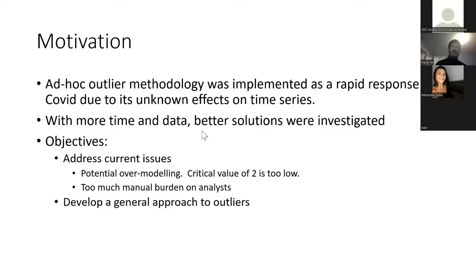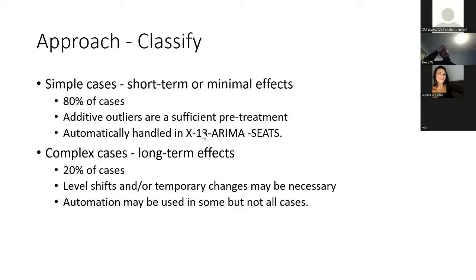We have limited resource, so we wanted to save time there. The general objective was to develop a general approach to outliers, so that we're prepared for any future extreme events.